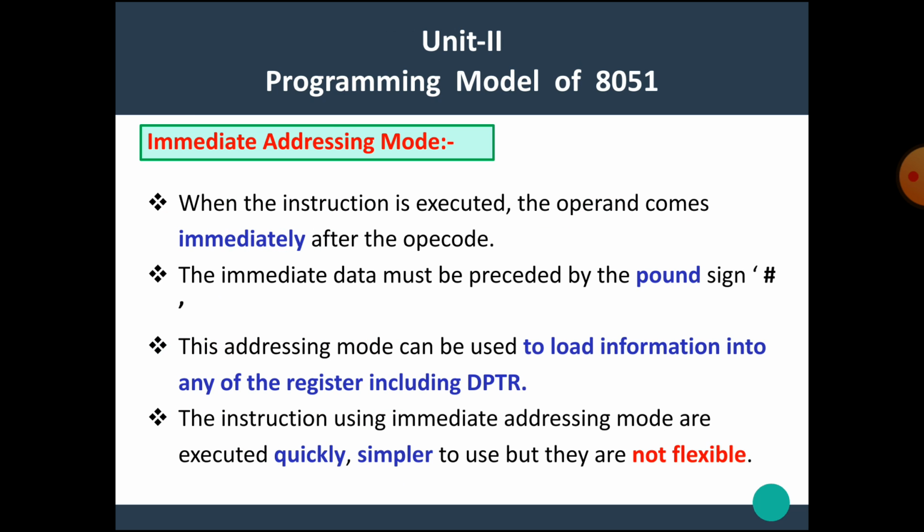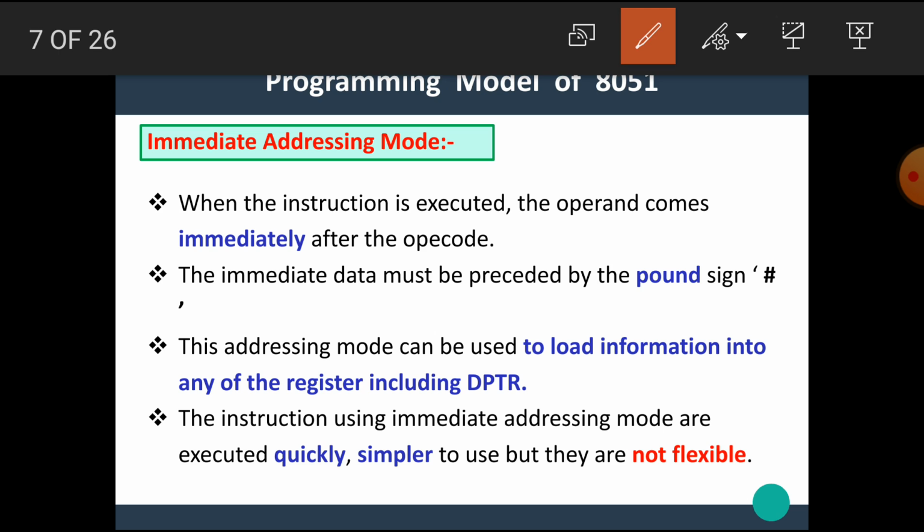First of all, let's see the immediate addressing mode. When the instruction is executed, the operand comes immediately after the opcode. The immediate data must be preceded by the pound sign, or we can also call it the hash sign.